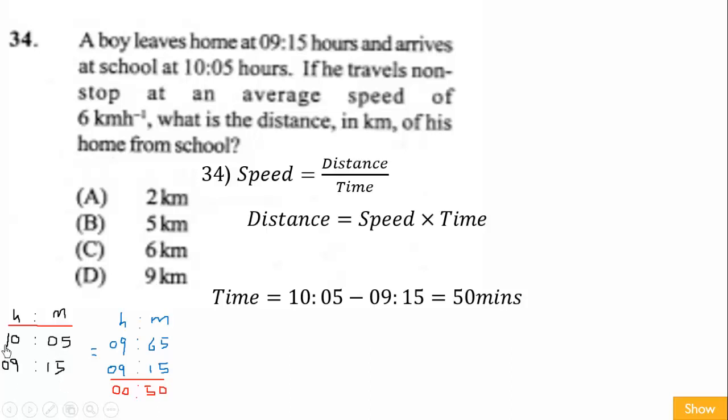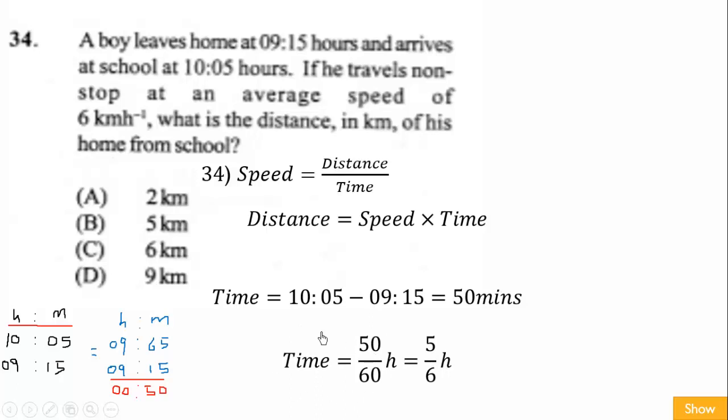So let us borrow 1 hour from here, and in minutes, 1 hour is 60 minutes plus 5 will give us 65 minutes. So we subtract this to get 50. Now 9 minus 9 will give us 00 hours. Therefore, the time taken is 50 minutes.